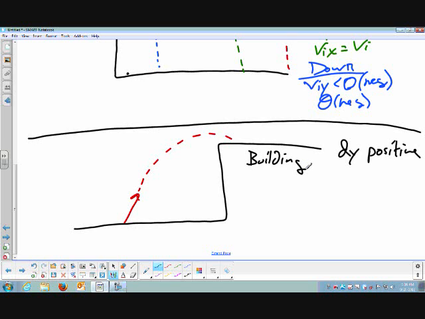I also see a problem of kicking a field goal. We're starting on the ground and we're going to calculate whether the ball is going to clear the crossbar. I also see a home run. We're hitting the ball off the ground or maybe a meter off the ground. It has to clear a fence, maybe the Green Monster in Fenway for anybody in the Bo Sox region that might be listening.